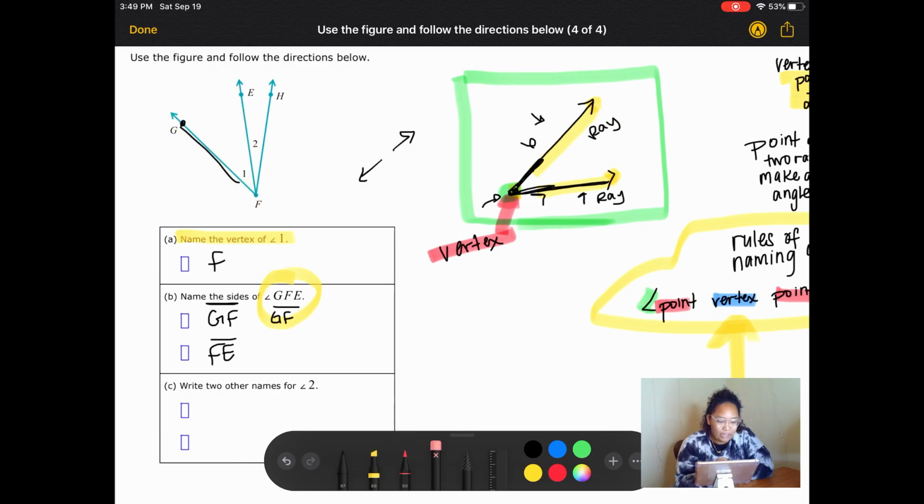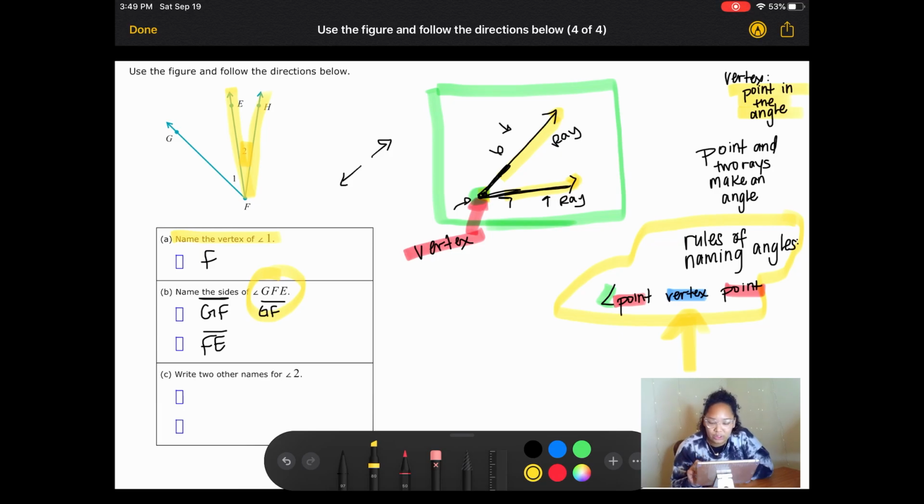So this last question tells you to write two other names for angle 2. And you're like, how do I write two names for this? So I have angle 2, right? It's right there. Like we said before, with the rules of naming angles, if it has a number, you can call it by its number. So we already know that it has the name angle 2 because it's numbered angle 2. But with the rules of naming angles, you have point, vertex, and point.